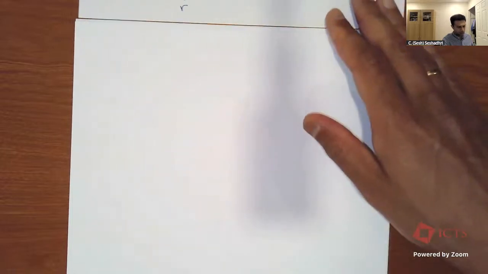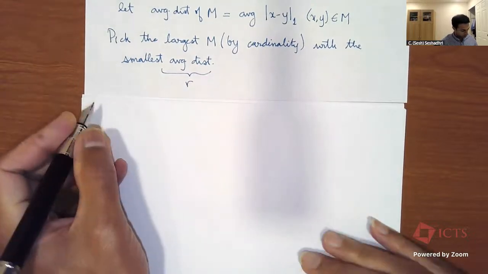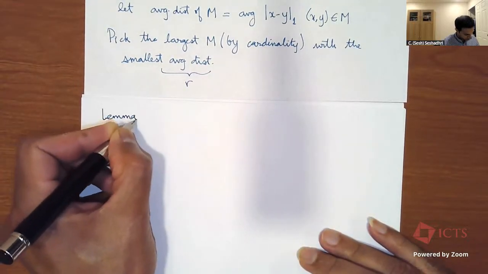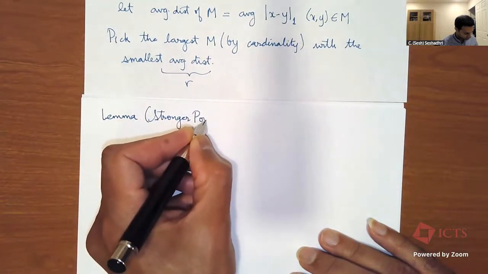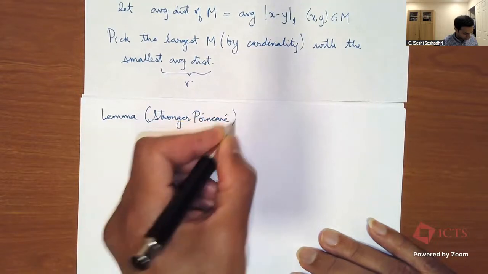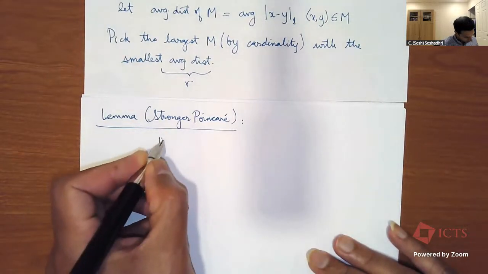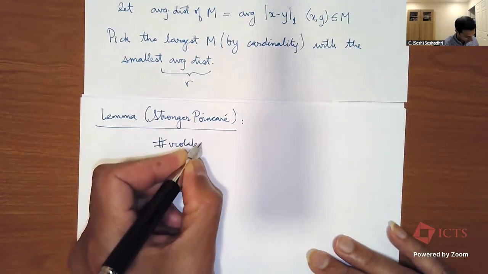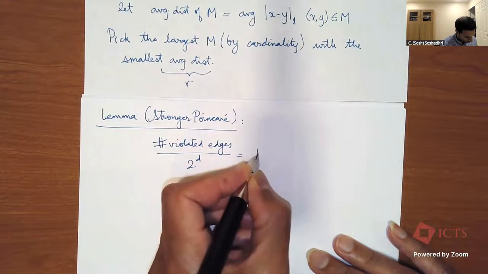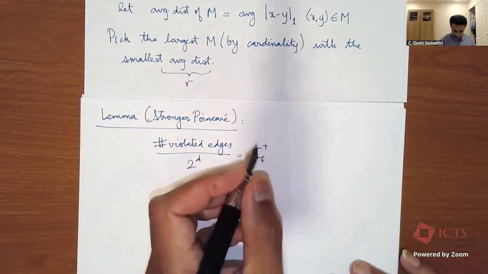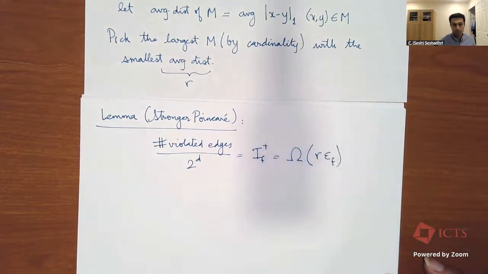Okay. Now I'm going to actually prove a strengthening to the Poincare inequality. So this is what I will call stronger Poincare. So stronger Poincare is going to say that the number of violated edges, divided by 2 to the d, which was my IF plus, is actually omega r times epsilon f.